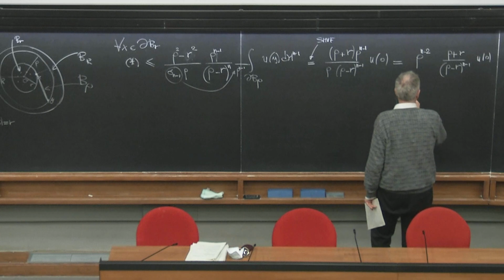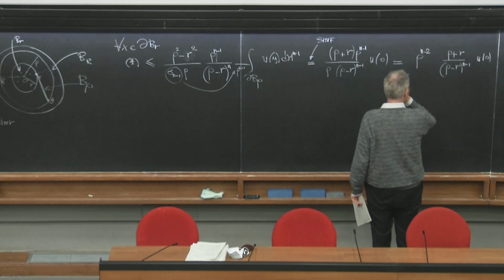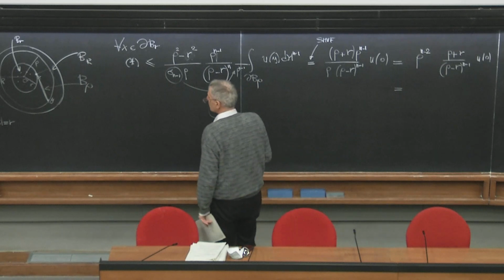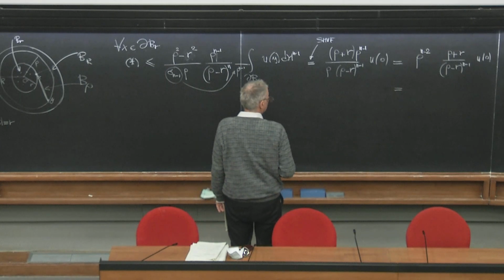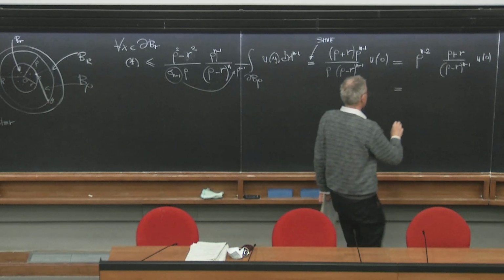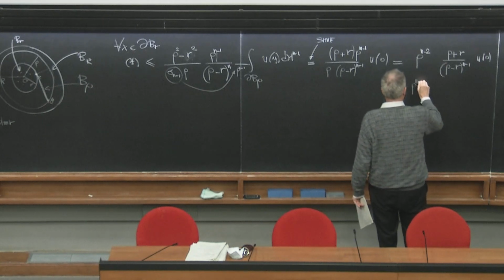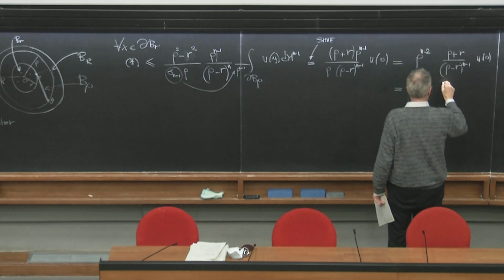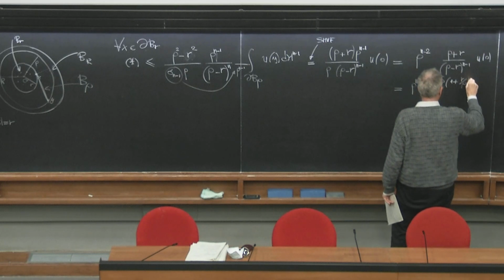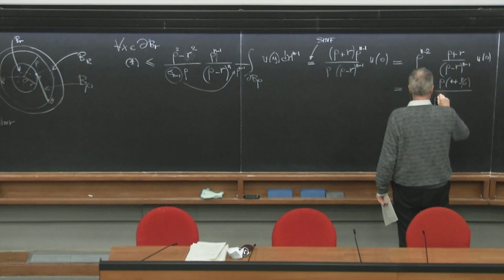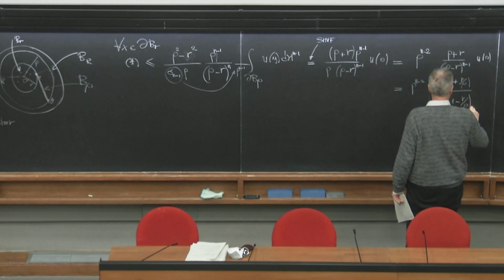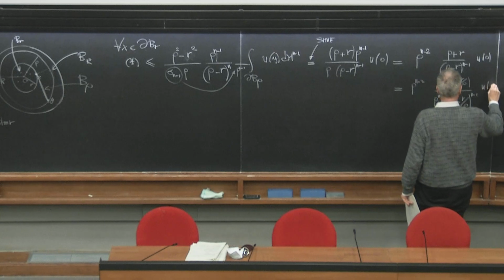So, how can we write this? We can write it in various ways, but I wrote it as rho times (1 plus r over rho) divided by (1 minus r over rho) to the n minus 1, times u of 0.